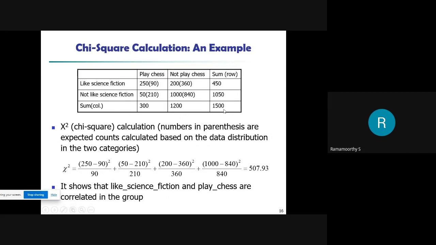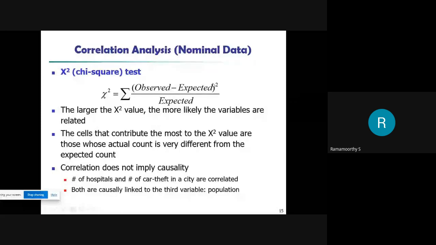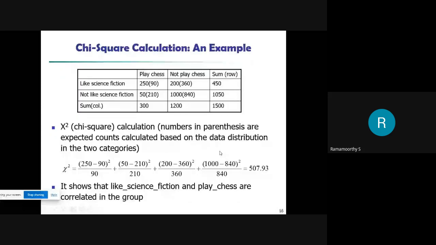This type of chi-square calculation is computed based on the formula I just showed: observed minus expected, the whole square, divided by expected, summed over all the values. The numbers in parentheses are the expected counts that were calculated.